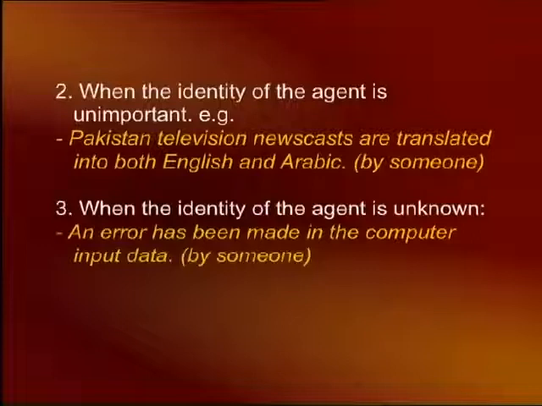Now, over there, who translates them? It's not important. Pakistan television newscasts are translated. It is understood that they are translated by someone. So, the identity of the agent is unimportant.